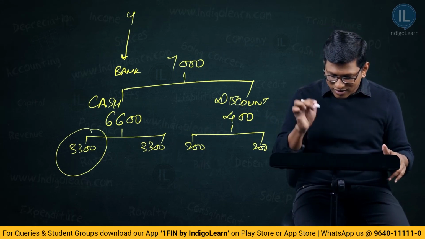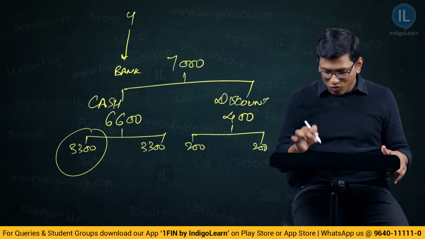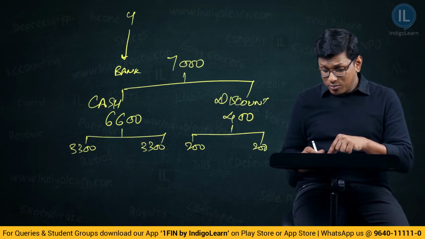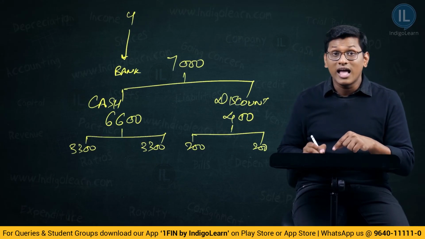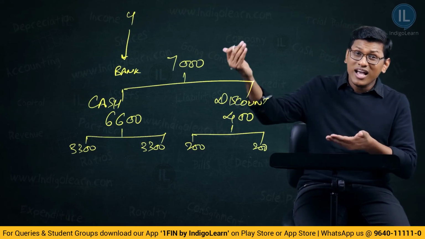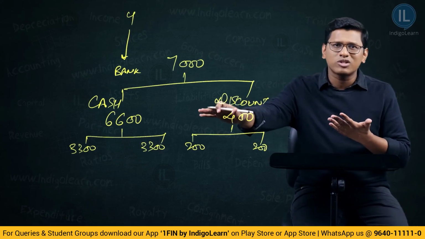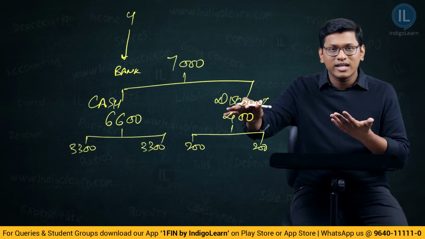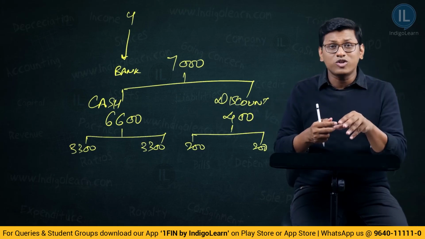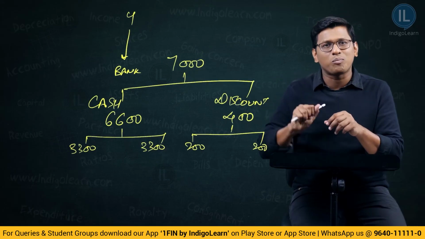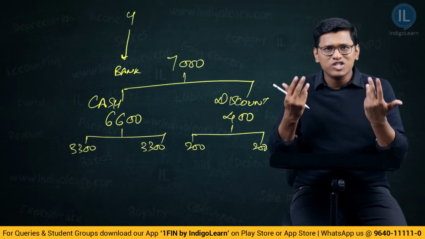But wait, that is not what will happen. Why will that not happen? Y says, I am ready to send 3,300, but X should have given me 2,000, which X has not given. I paid to the bank 4,000 rupees on the due date. I put my 2,000 rupees, X's 2,000 rupees also I put, and I sent it to the bank, and I had to honor that first bill.